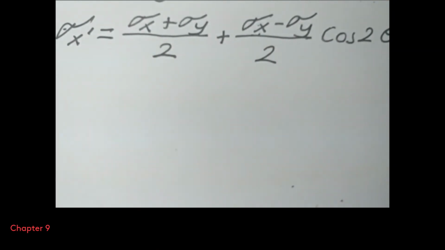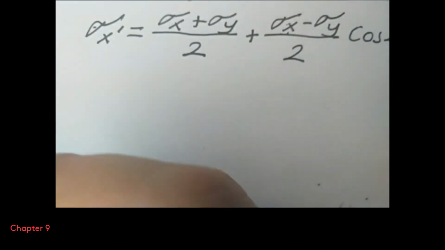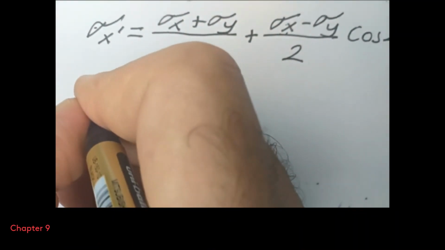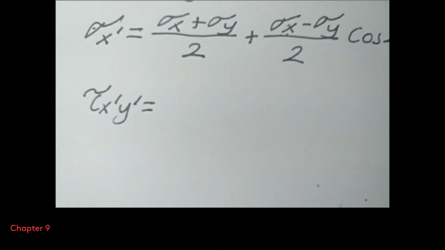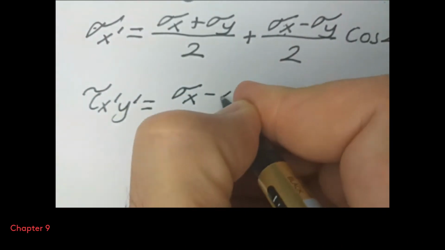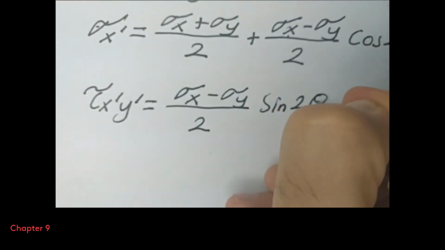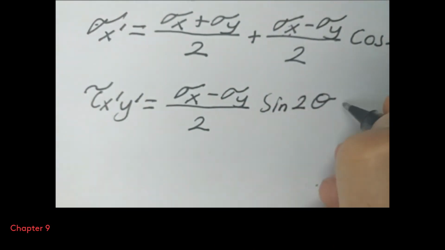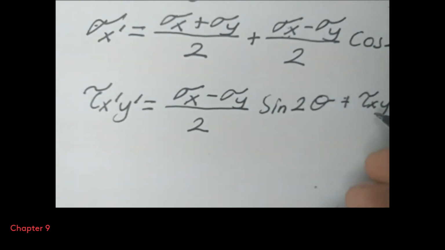So tau x prime y prime is equal to sigma x minus sigma y divided by 2 multiplied by sine 2 theta plus tau xy multiplied by cosine 2 theta.